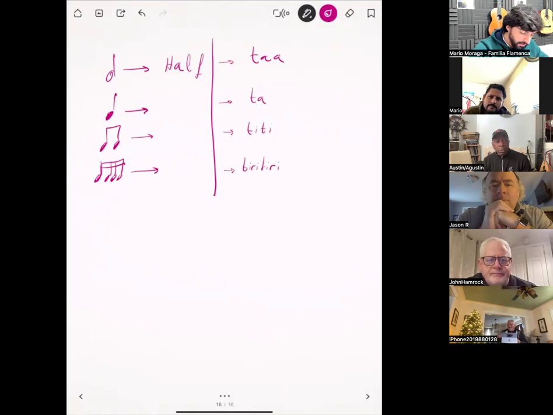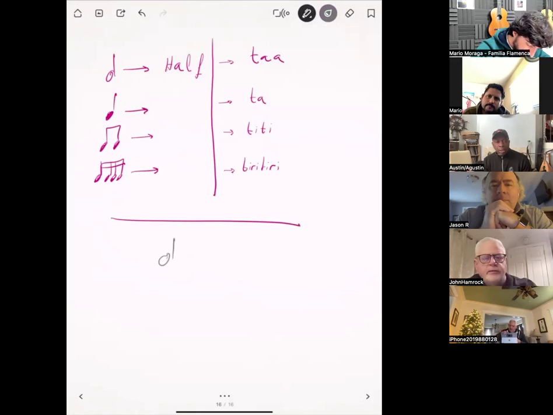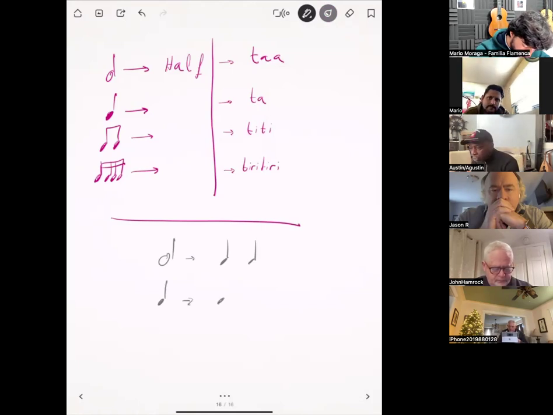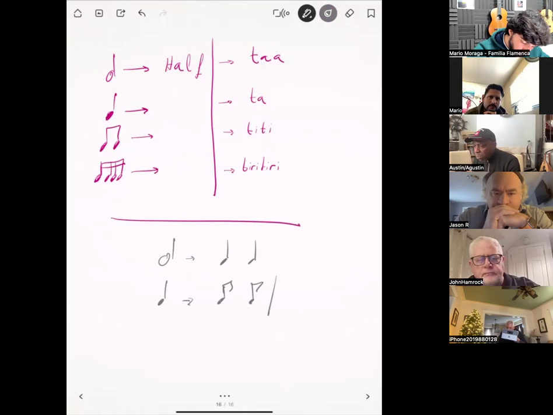So for all of you, in case you don't know, a half note is two quarter notes. One quarter note is two eighth notes, or you can also look at it like this.